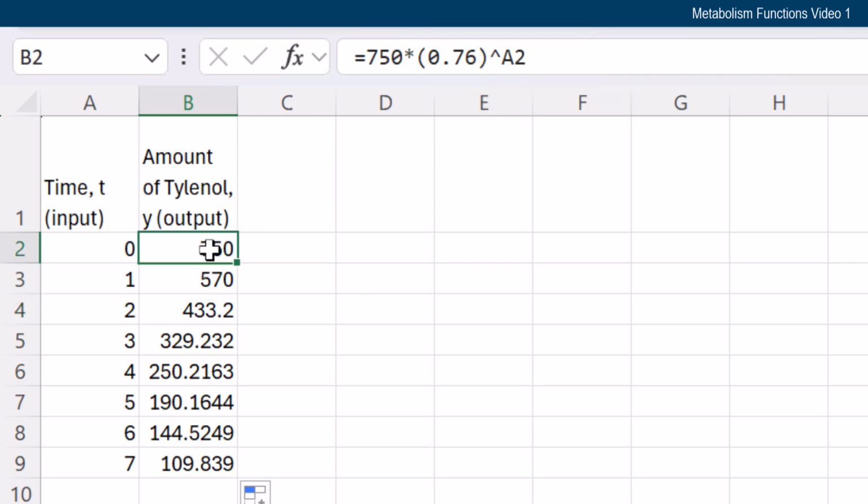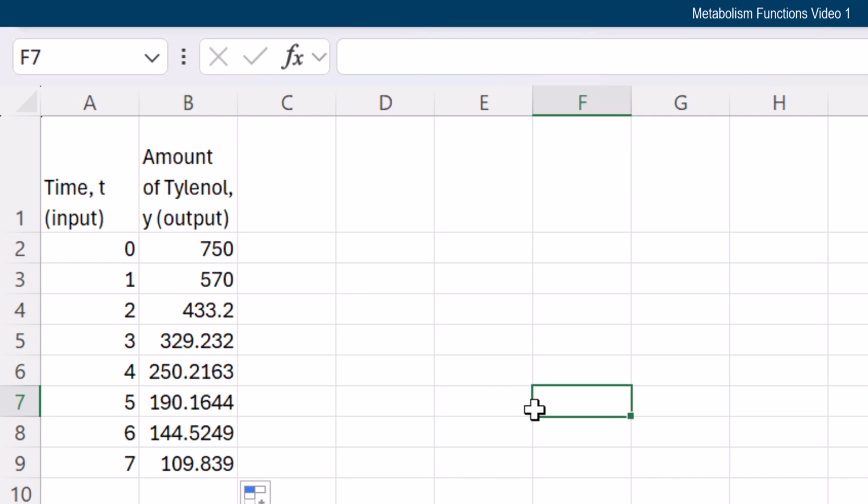So initially we put in A2, and then every single time we go down, it changes. It's using the cell to the left to represent the time. And if we go down to the 5-hour mark, which was another problem that we saw earlier, that gives us that after 5 hours, there's 190.16 or 0.2 milligrams in our system.